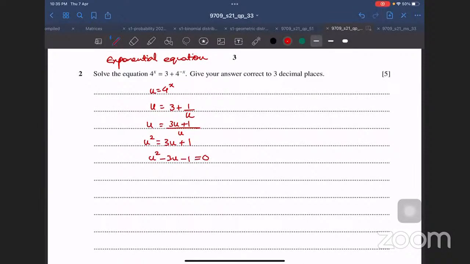I should get two values for u by solving it with the quadratic formula. So the two values of u are 3.303 and minus 0.303. Okay, replacing it with 4 power x, the negative value is not possible.